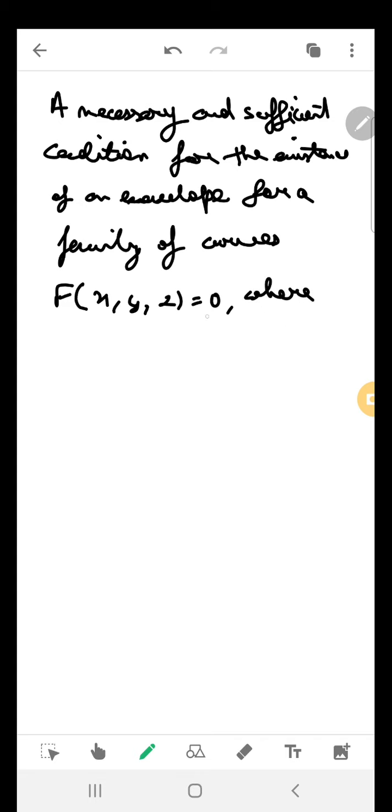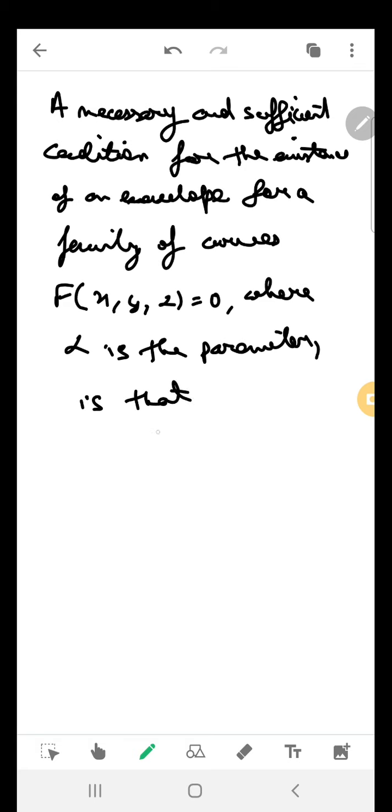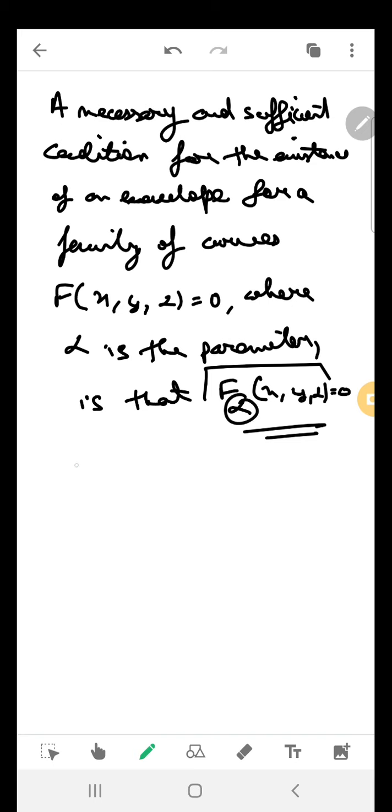where alpha is the parameter, is that f_alpha(x, y, alpha) equals 0, that is the derivative of this particular family of curves with respect to alpha will be 0, and f_x square plus f_y square not equal to 0.